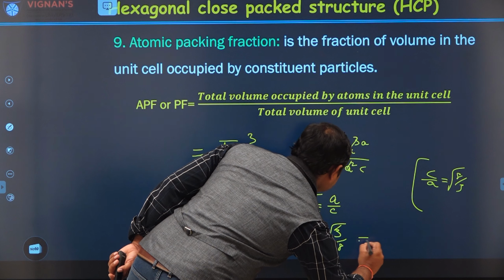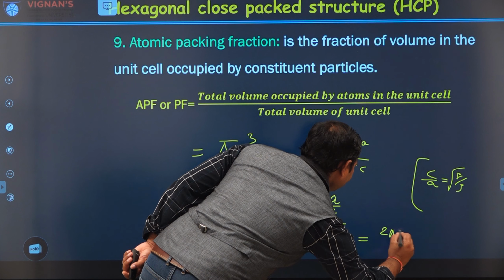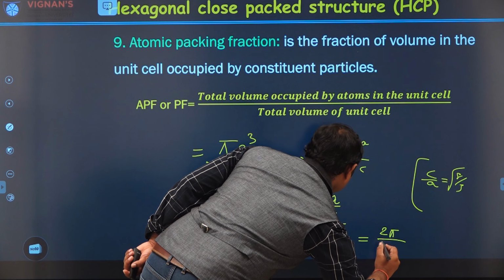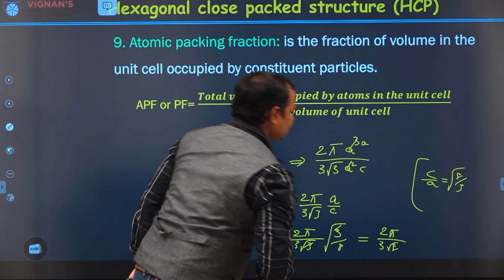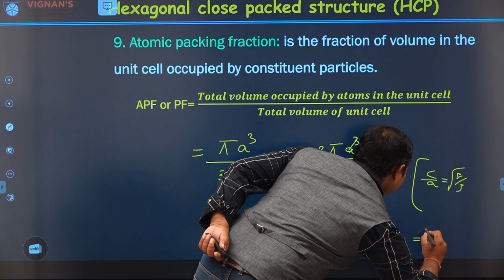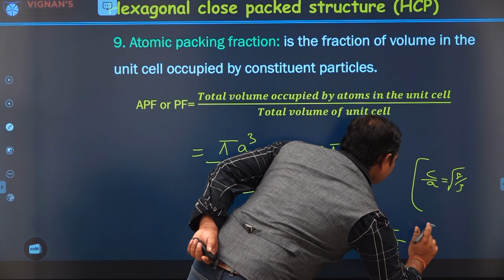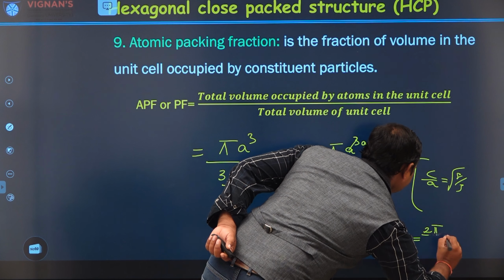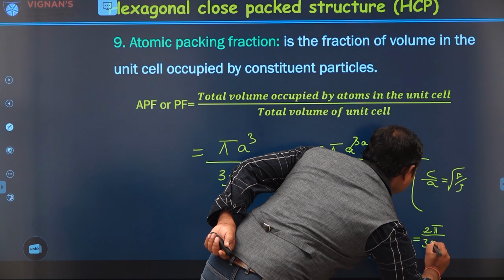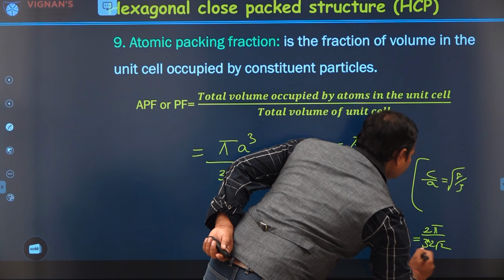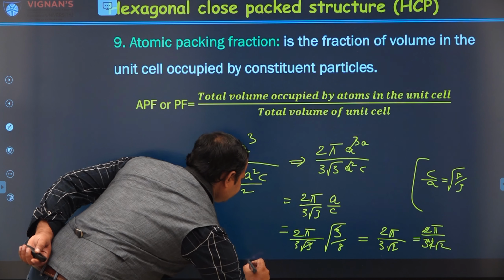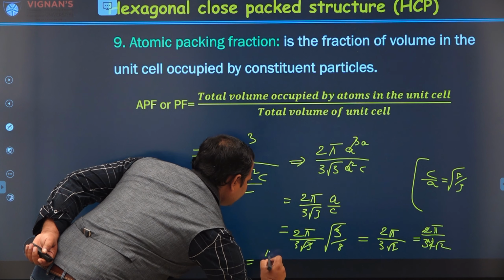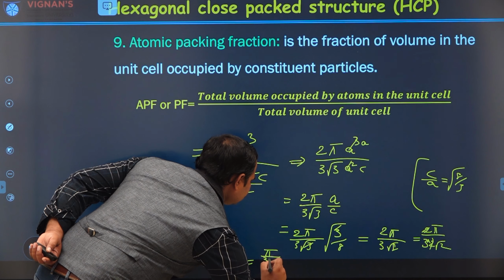We can rearrange this: 2 pi by 3 root 8. So root 8 is 2 root 2, so we can cancel this 2. Then the rest is pi by 3 root 2.